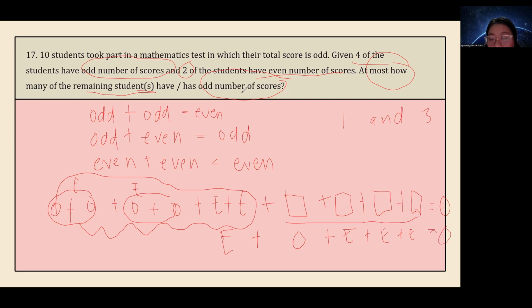So we have to check if we still can get an odd total. So again, it doesn't matter how many evens you will add, the result will still be even. So what matters now is you look at how many odd scores you will have. So if the count is odd, then you will also get an odd result.